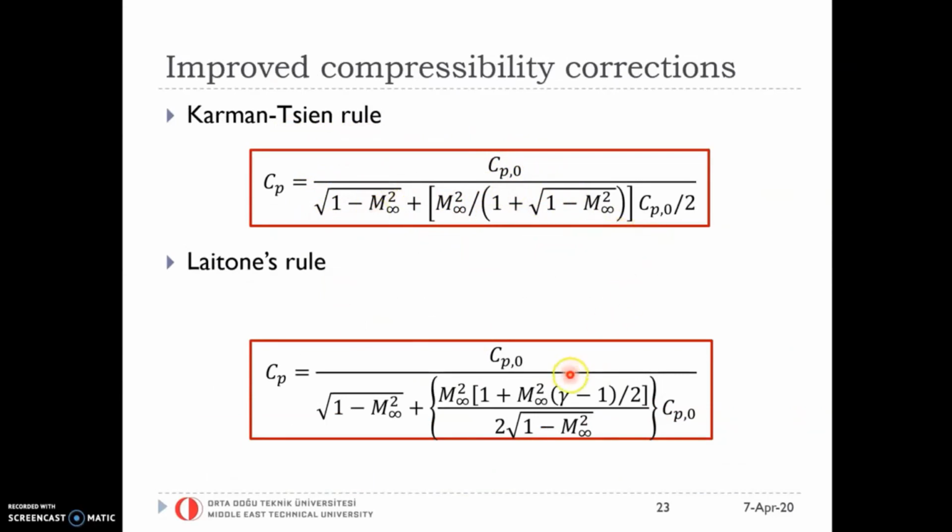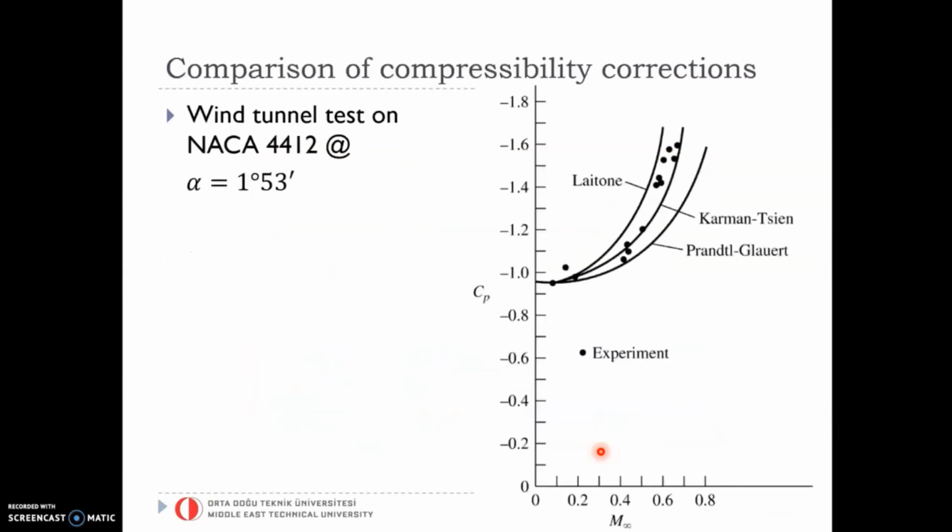In Laitone's rule you also have the gamma value in the denominator in addition to the Mach infinity square. Okay, let's look at how these compressibility corrections work when compared to some experimental data.